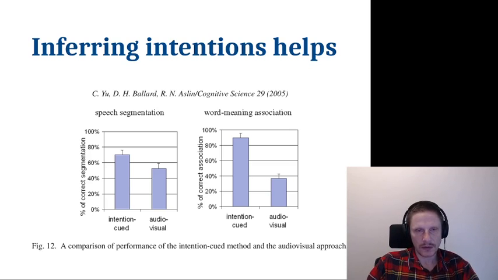You can see on the left that for speech segmentation there are two bars, one labeled intention cued and the other labeled audiovisual, and the performance is somewhat better for the intention cued setting, meaning this is the setting where the model also takes into account the gaze and gestures as cues to what the speaker is attending to.